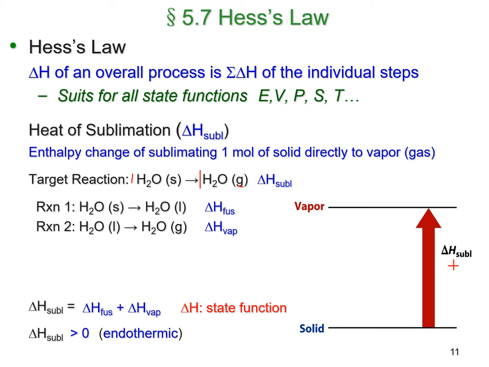One way for us to figure it out is, let's look at our conclusion. Delta H of sublimation equals delta H of fusion plus delta H of vaporization. Where do we find these two delta H's? These two reactions.